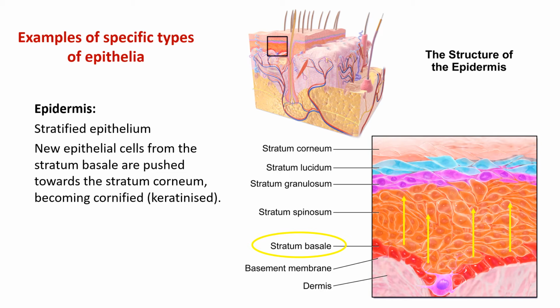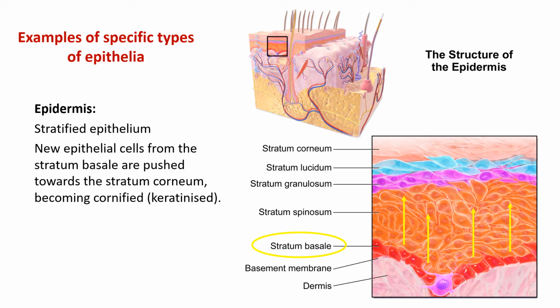So at the bottom we have the basement membrane, of course, and this forms the border between the epidermis and the dermis. Above that we have these new baby cells, if you like, and then those gradually move up through the stratum spinosum, the stratum granulosum. Here they're now starting to develop little granules within them that retain water.